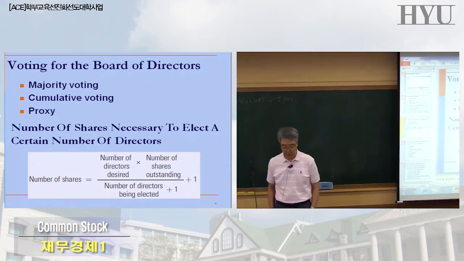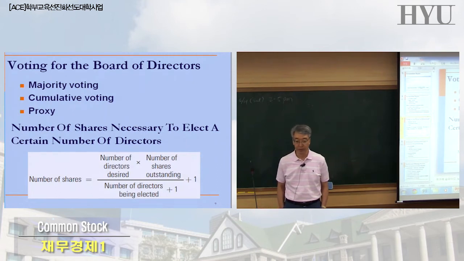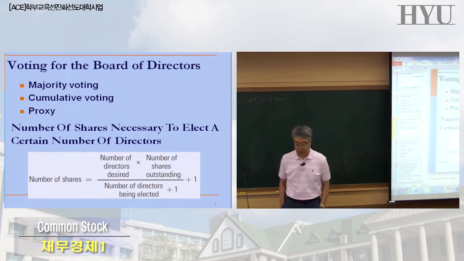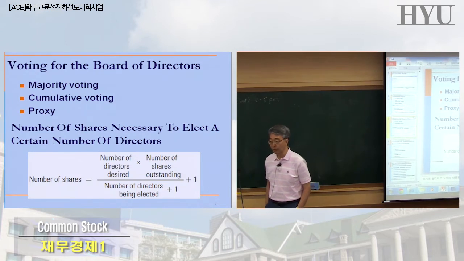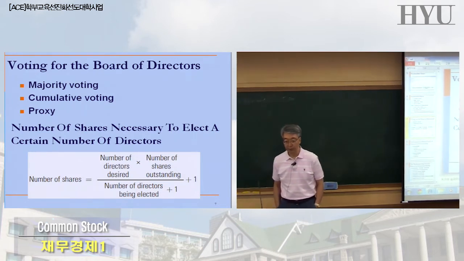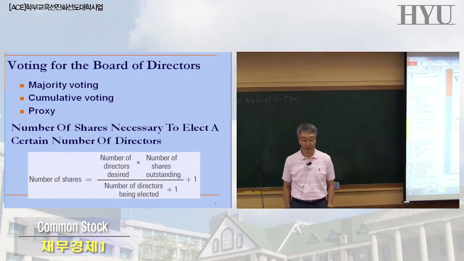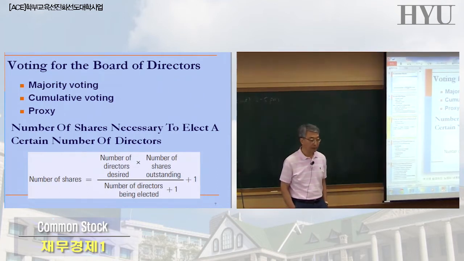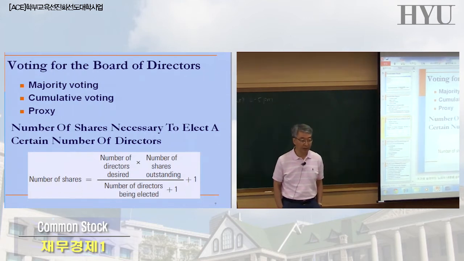First of all, majority voting. Majority voting is the most popular way of collecting the votes and making decisions at a stockholders' meeting. It's just like a regular election, and whoever gets the majority gets elected. The most important decision made at a stockholders' meeting is electing the board members.